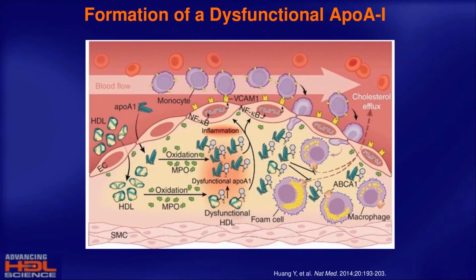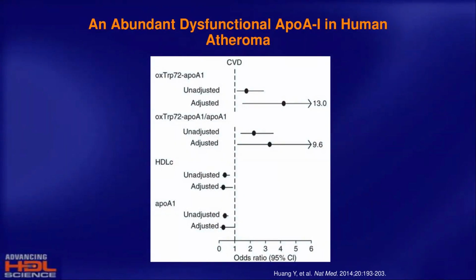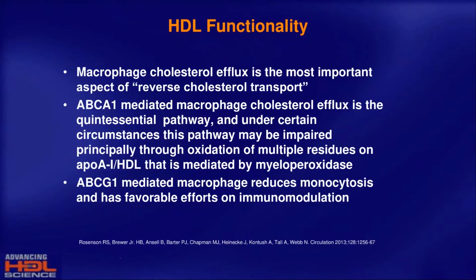But as I mentioned in an earlier slide, this dysfunctional HDL, particularly ApoA1, can interfere with macrophage cholesterol efflux. Concerning events, if you've got these site-specific modifications, we can see that there's more of this dysfunctional HDL in the atheroma of people with coronary disease, a signal that is not seen with HDL cholesterol and ApoA1.